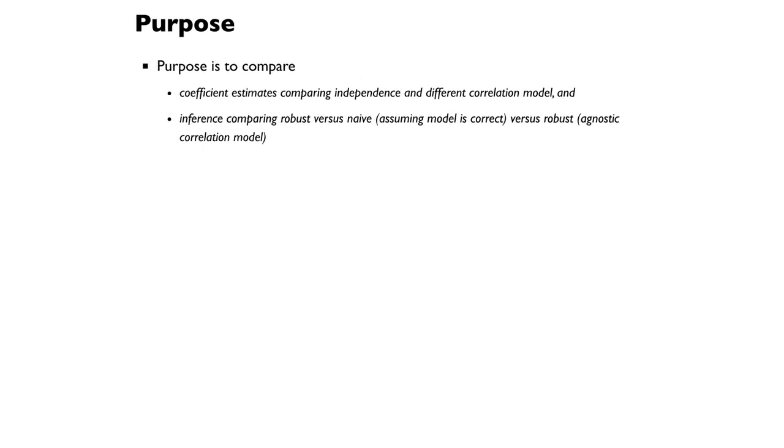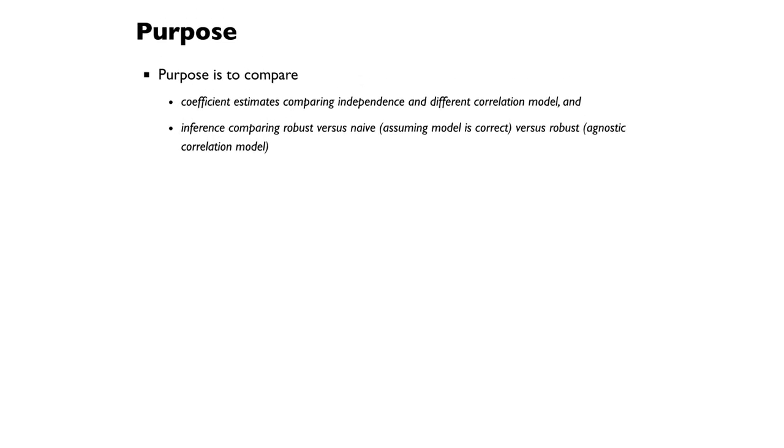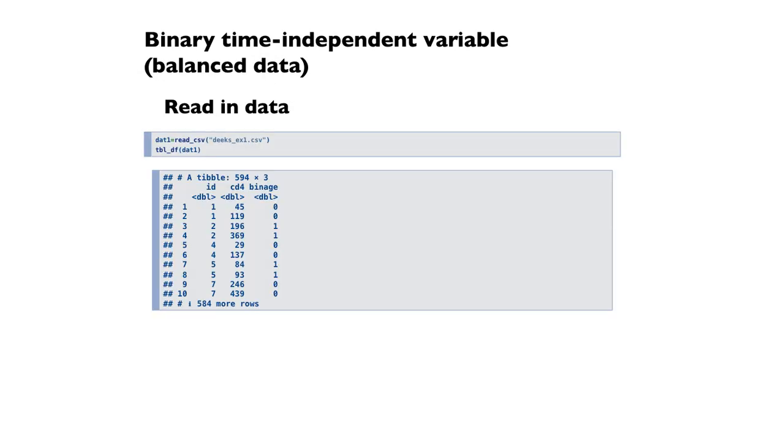So what we're going to do for each of these, we'll compare the naive to the robust standard error. We'll compare the estimates if you used exchangeable versus independence, and we'll go from there. Again, this data is based on a situation where you have one predictor, it's binary, and it's time independent.